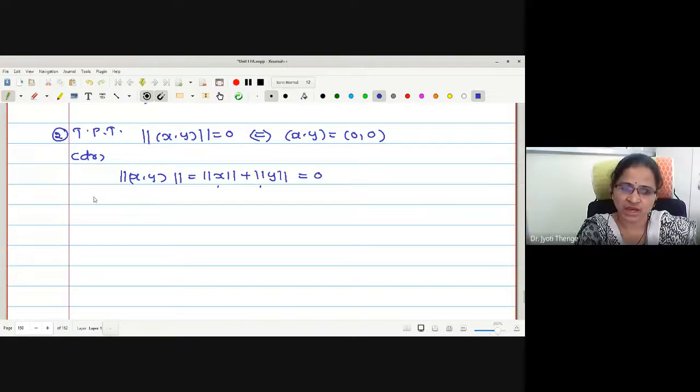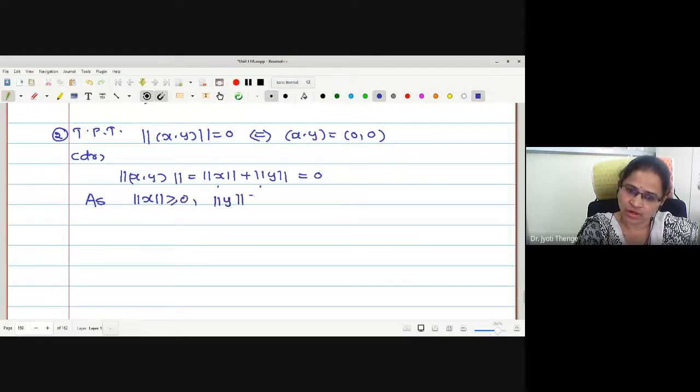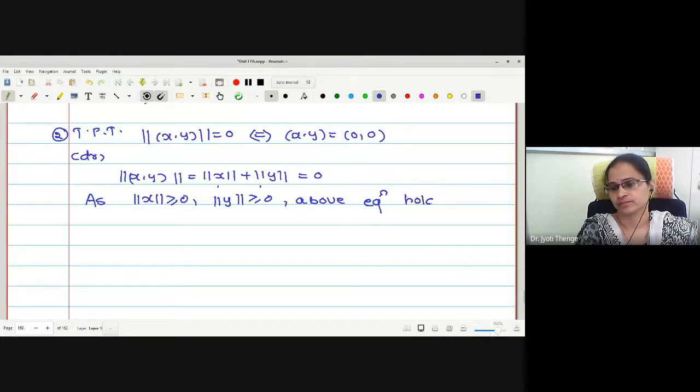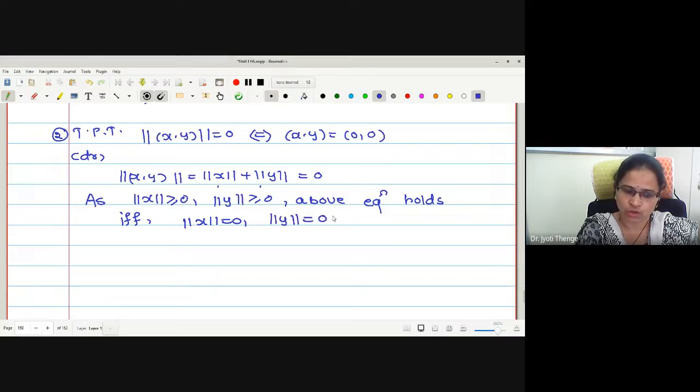Therefore, I can write norm x non-negative, norm y non-negative, and the above equation holds if and only if norm x equal to 0 and norm y equal to 0.